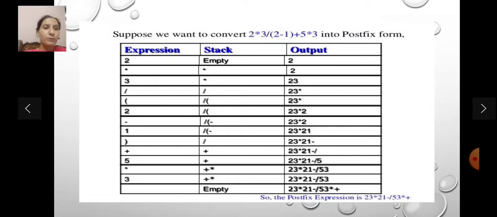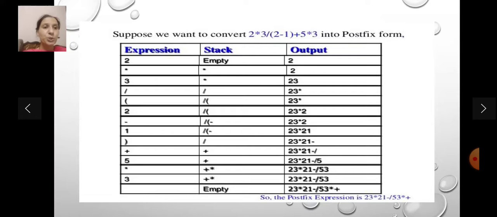Now the output will be 2 3 multiply, which means when you enter an operator into the stack, the pop operation will be performed. Then we enter the bracket, and in the stack we have divide, then bracket, and in output we get 23 multiply.